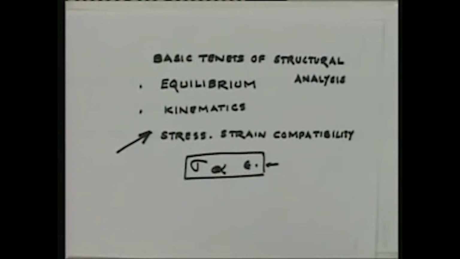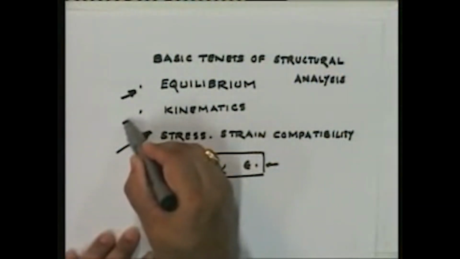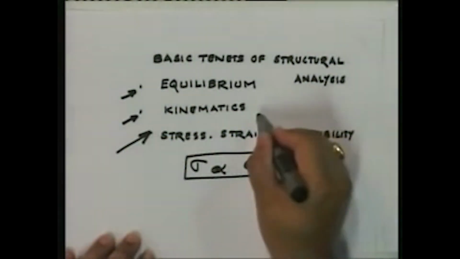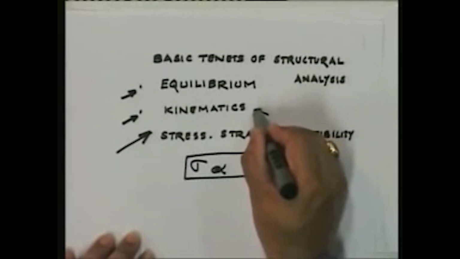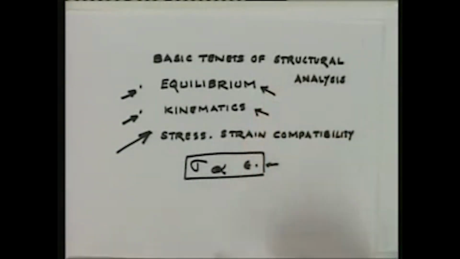However, we shall see later on that when we talk about statically indeterminate structures, some methods satisfy equilibrium exactly and kinematics in a global sense. Other methods satisfy kinematics exactly and satisfy equilibrium in a global sense.